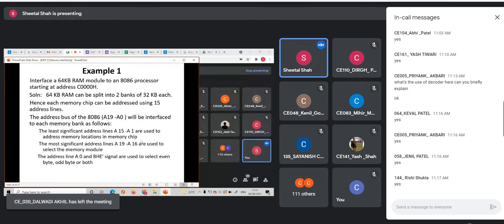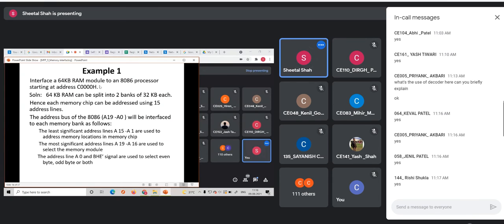Followed? So now we'll see an example of interfacing a RAM module to this, how to interface a RAM IC whose capacity we want is 64 kilobyte, with the 8086 processor, and the address we want to provide to this memory, to this IC, is C0000H.